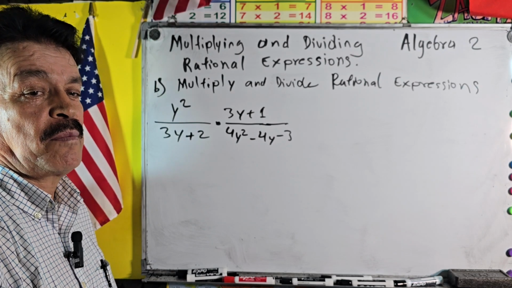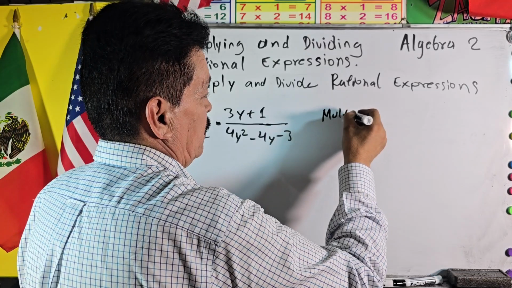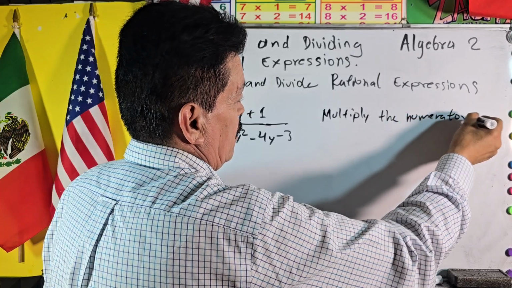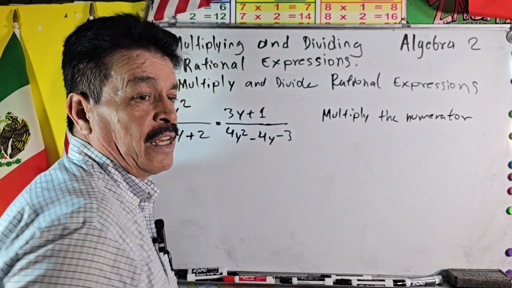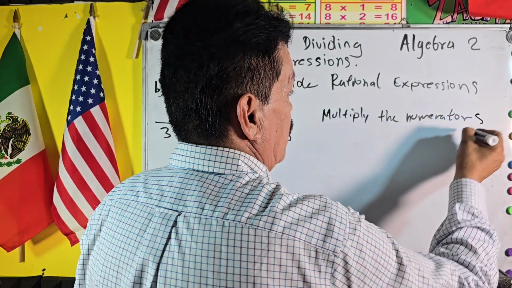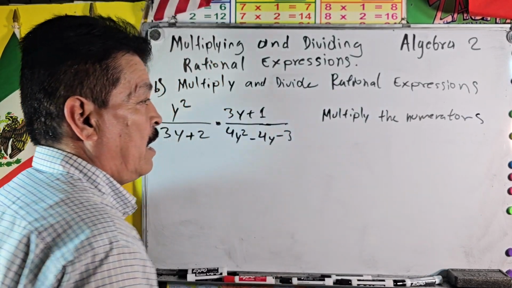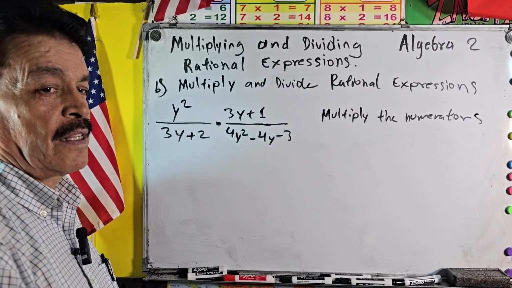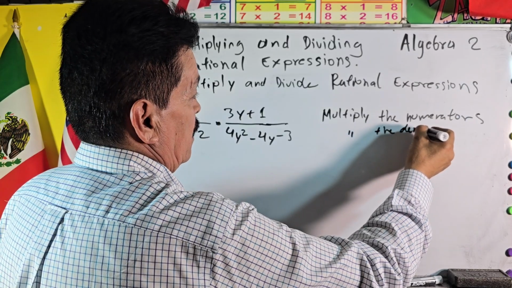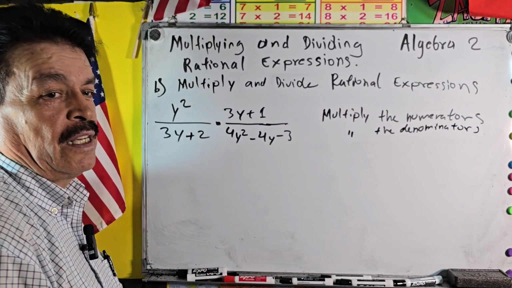Multiply the numerators, and then multiply the denominators. See? That's the step.